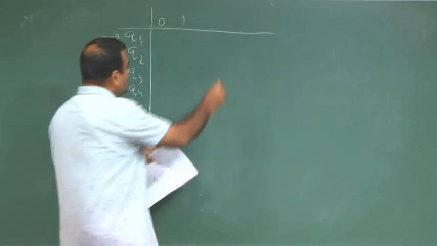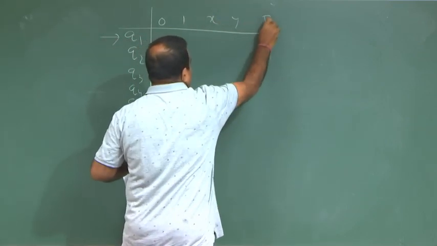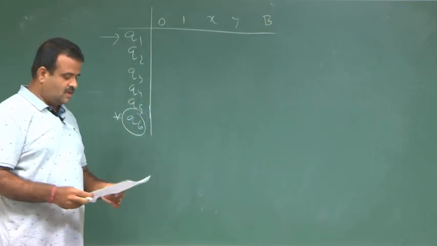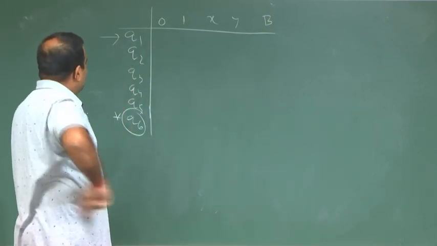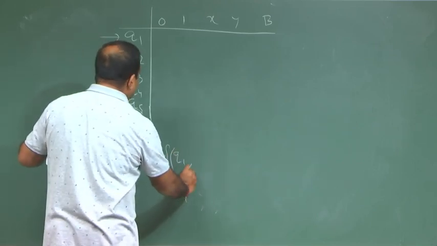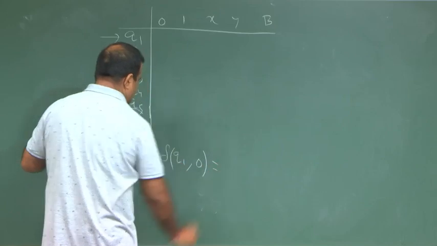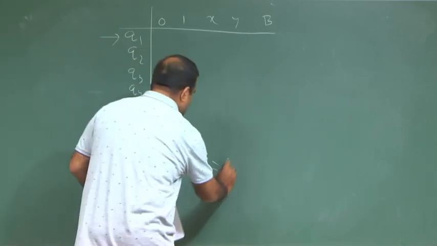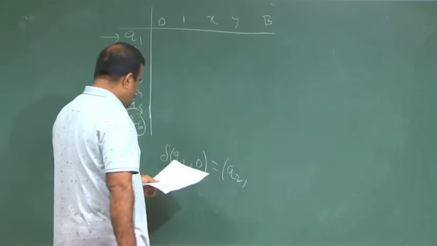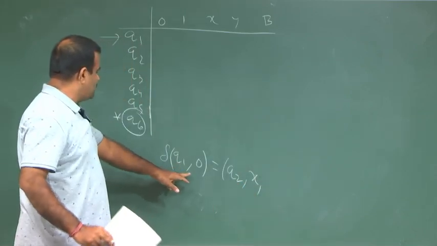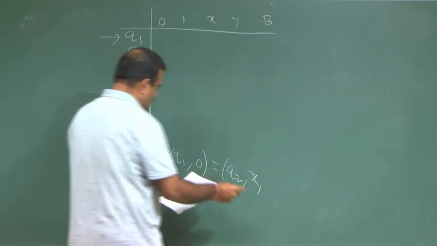We have taken x y, and beta is the blank symbol we are using. Okay, so, delta of, we are at say Q 1 and we see a 0 on the tape. So, we go to Q 2 and the 0 is replaced by x, and we move to the right.